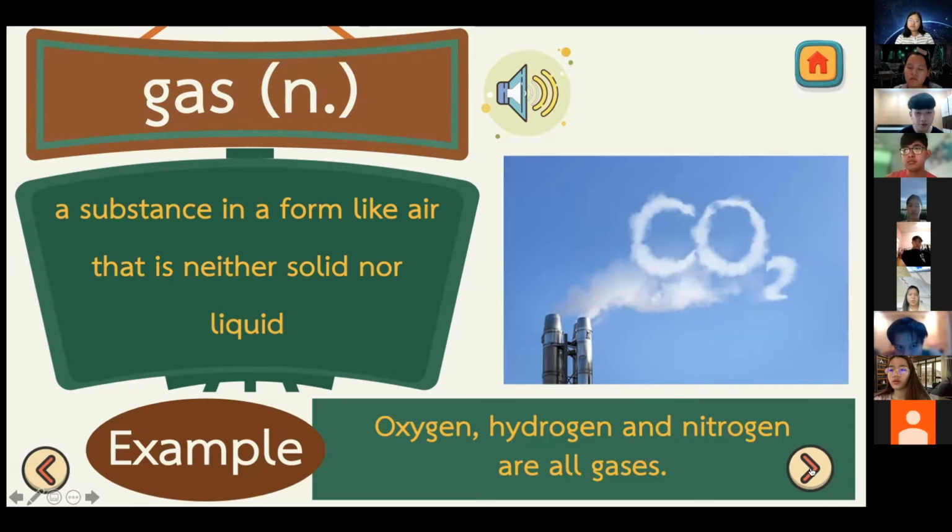For example, oxygen, hydrogen, and nitrogen are all gases. Fields, can you read this example again? Oxygen, hydrogen, and nitrogen are all gases. Okay, good. Let's move to the next word.